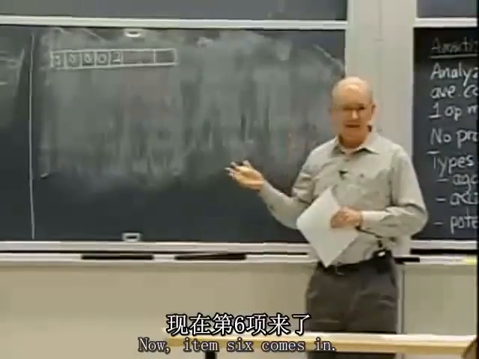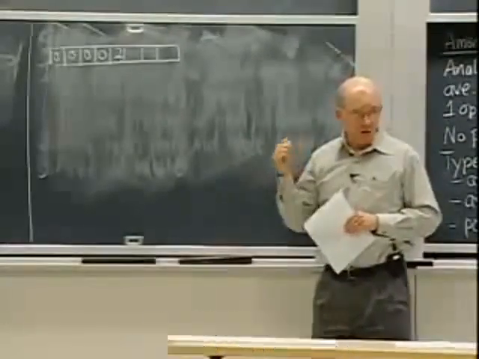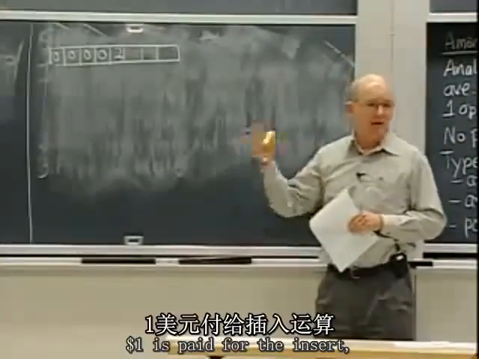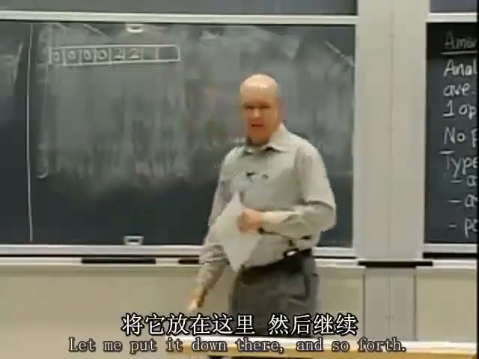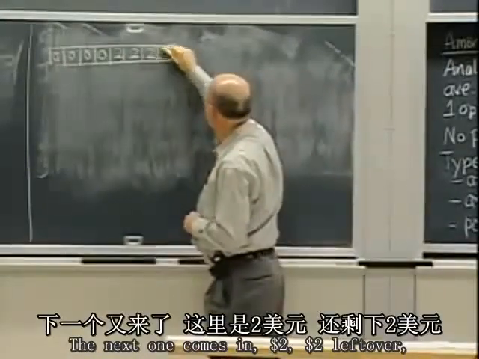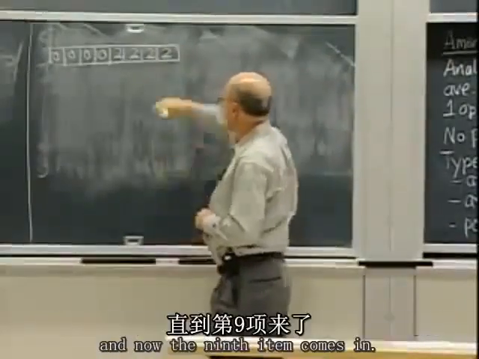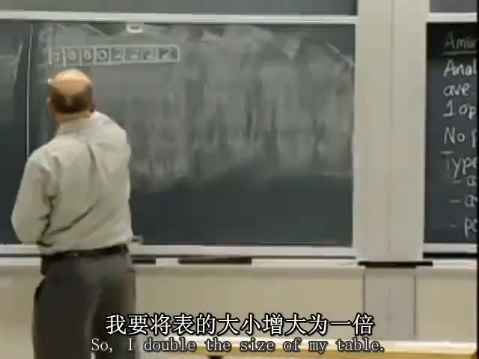Now item 6 comes in. Once again, I charge $3, $1 is paid for the insert, I have $2 left over, let me put it down there. And so forth. The next one comes in, $2 left over, and now the 9th item comes in. So I double the size of my table.